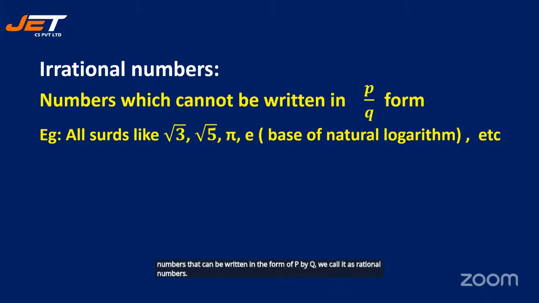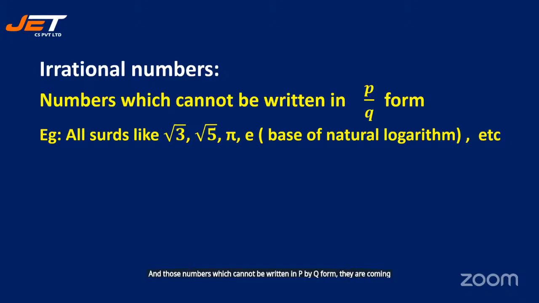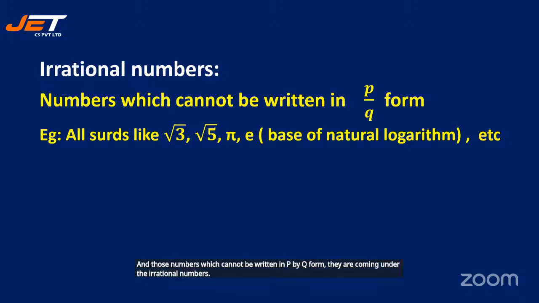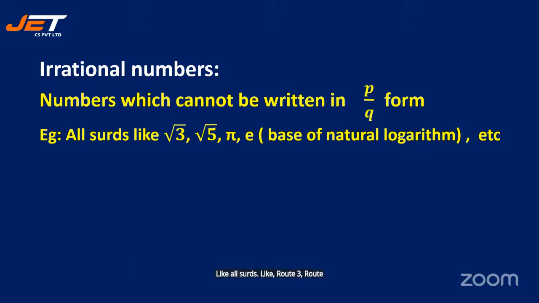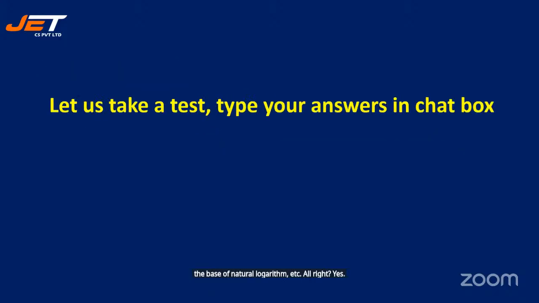And those which cannot be written in p by q form come under irrational numbers, like all surds, root 3, root 5, pi, e, the base of natural logarithm, etc.